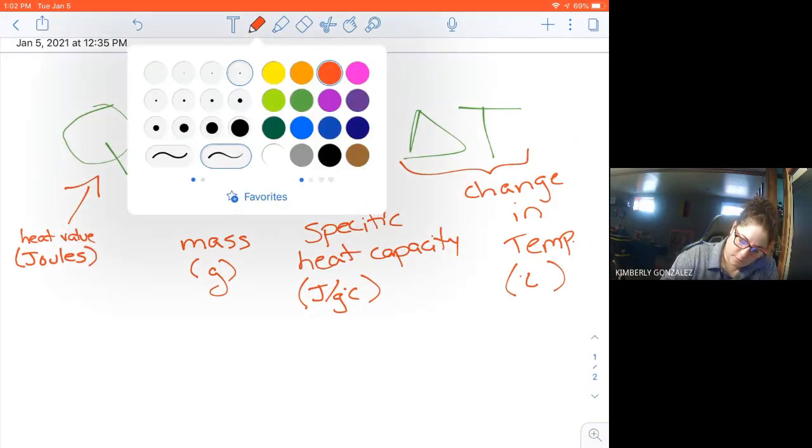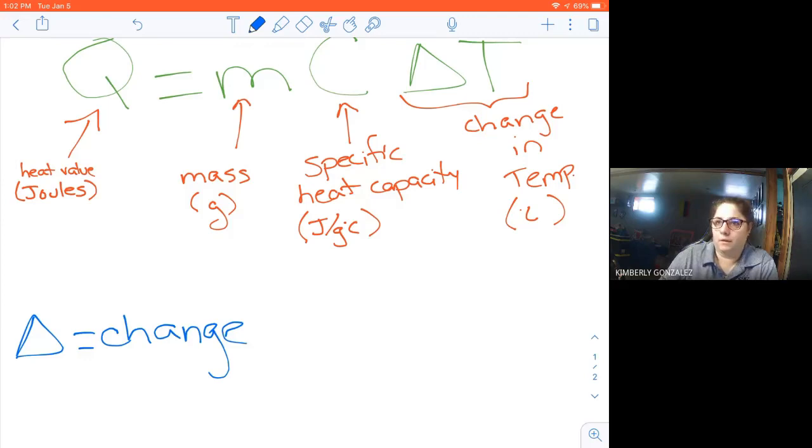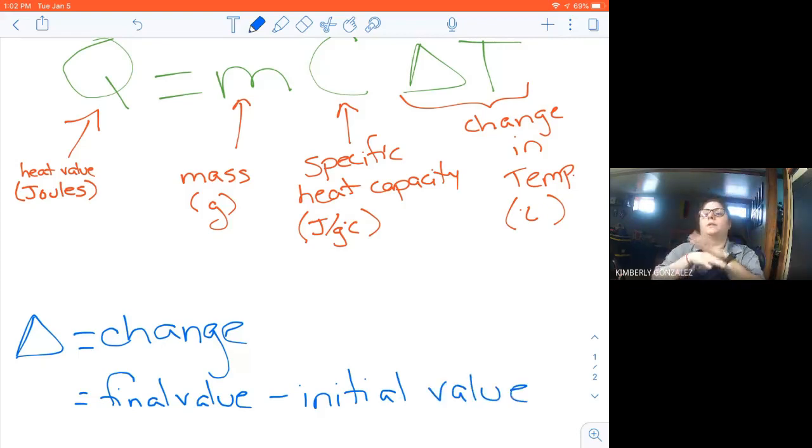Anytime you see the delta symbol, it means change, which you should know from math. It's going to be delta and then some other letter. Whenever you deal with this, it's always going to be the final value minus the initial value. In this case, we're dealing with our change in temperature, so it's whatever our final temperature is minus the initial temperature.